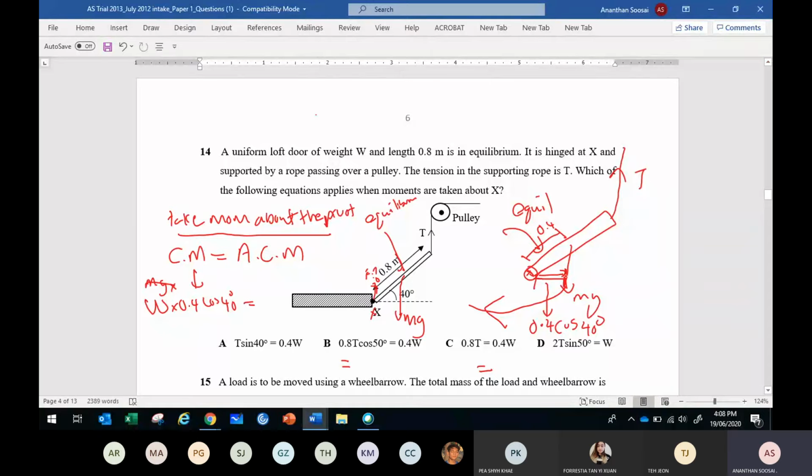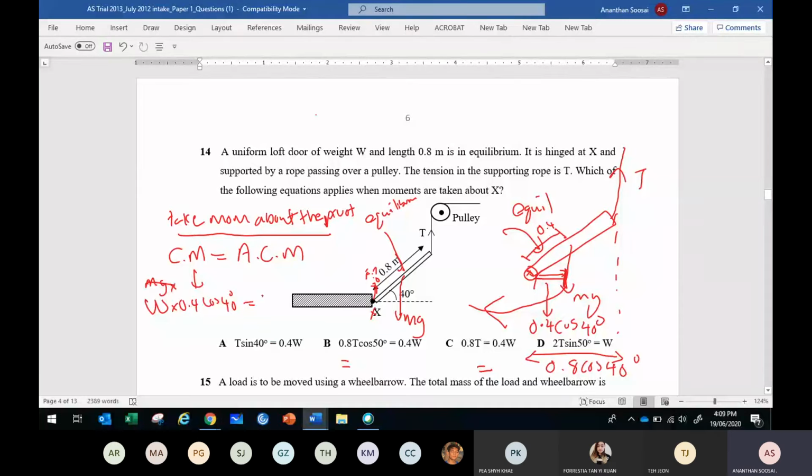Clockwise moment, mg, equals the moment caused by T. T times what is the perpendicular distance? This is the perpendicular distance for the T. How much is it? It is 0.8 cos 40.